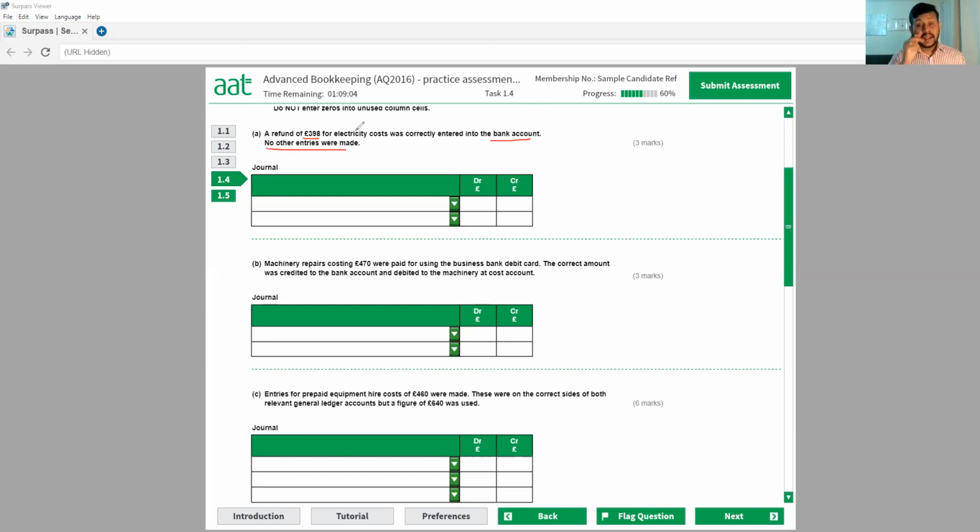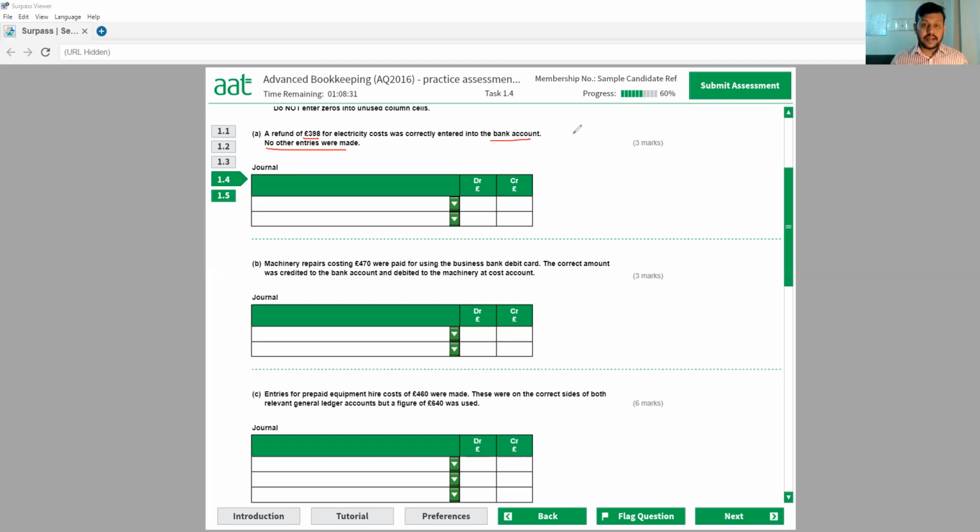Remember that if the question gives a clue like no other entry made, that means the other side was empty, and if the other side is empty, then a suspense account is created. I cannot keep one side empty. Debit and credit always have to be equal. So if debit and credit are not equal, that means a suspense account is created.